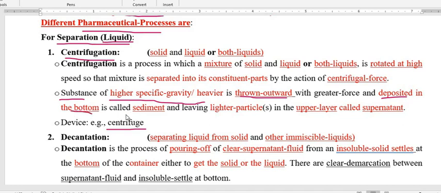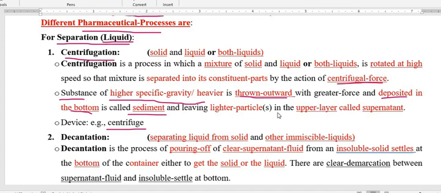We call it sediment, and the force through which the higher specific gravity substance moves out, we call it the centrifugal force.